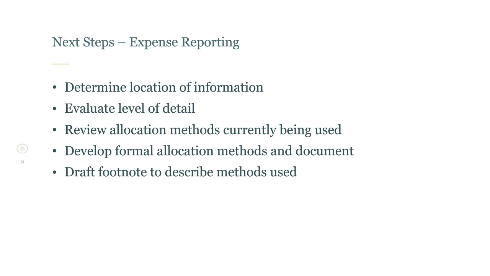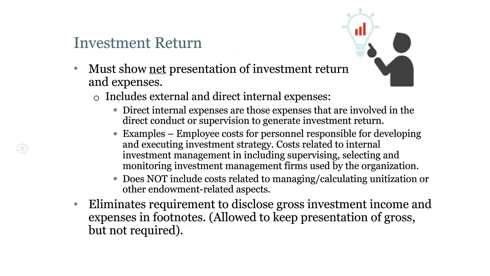The last area in this standard relates to investment return. After adopting this standard, investment return will be required to be shown net of expenses. We've had that option in the past, but we would also have to show the gross amount and the netting expenses in the footnotes. Under this standard, external expenses, so those outside expenses that you're paying, whether it's to a trustee or an investment manager, and direct internal expenses will be offset against investment earnings.